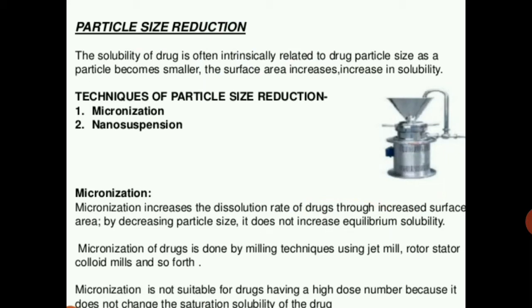The first one is particle size reduction. The solubility of a drug is often strictly related to drug particle size. As a particle becomes smaller, the surface area increases, and so does the solubility.